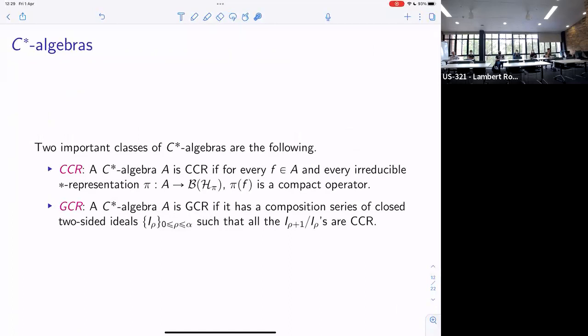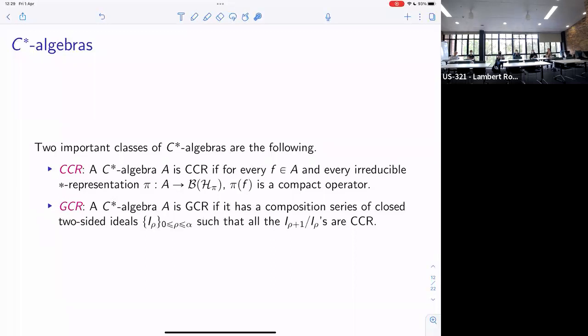And let me say a few words about C-star algebras and von Neumann algebras briefly. So amongst these C-star algebras, from a representation theoretic perspective, there are kind of two or three important classes of C-star algebras.